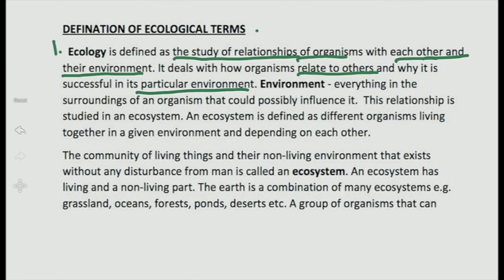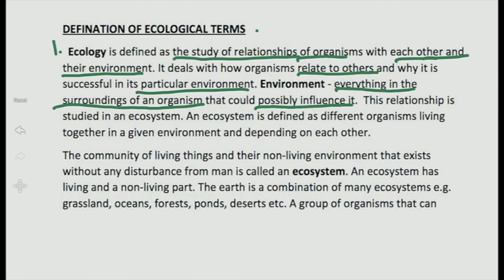So, in an environment, what is an environment? The environment now is everything in the surrounding of an organism that could possibly influence it. Which means here we are not talking of only people living in that area, but you may be talking of the people living in that area with other organisms and the factors that affect the life of those.